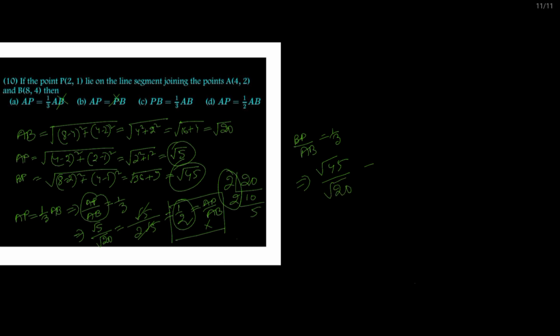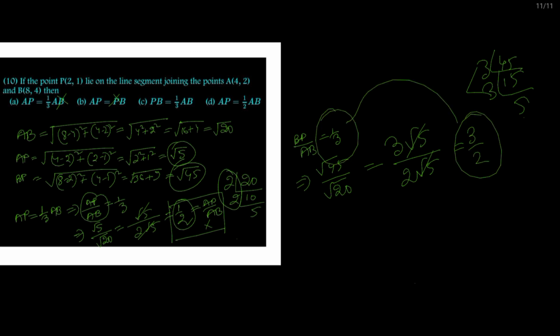Let's find square root of 45. 3 15s are 45 and 3 5s are 15. So 3 root 5 is nothing but square root of 45, and square root of 20, as we have found earlier, is 2 root 5. So root 5 will get cancelled, so it will be 3 by 2, which is not equal to 1 by 3, so it will not be the answer. So the remaining case will be the answer.